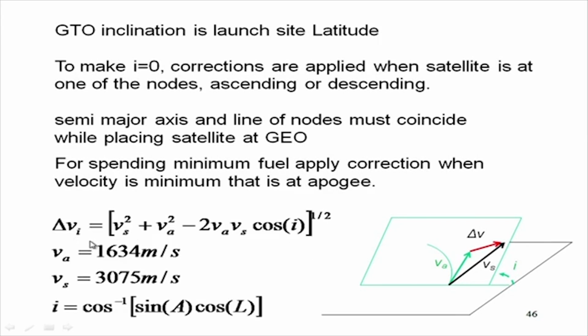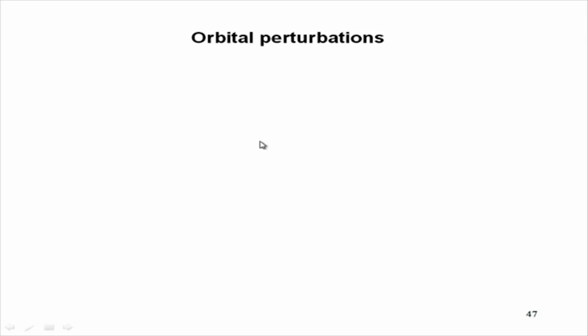So, delta V for inclination is equal to this expression, as I just now told, and we have calculated Va and Vs for that particular problem, and I can be found out from the azimuth and the latitude L, and you can calculate with some numbers. I will try to give some assignment on this, and you can do the calculations.